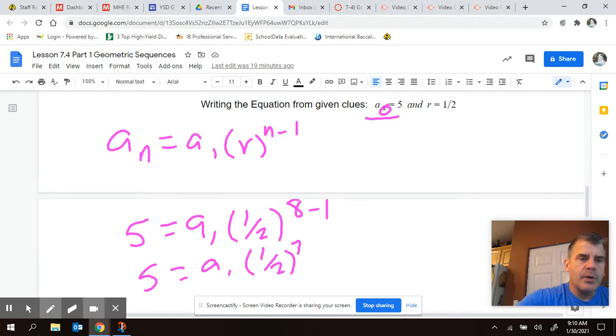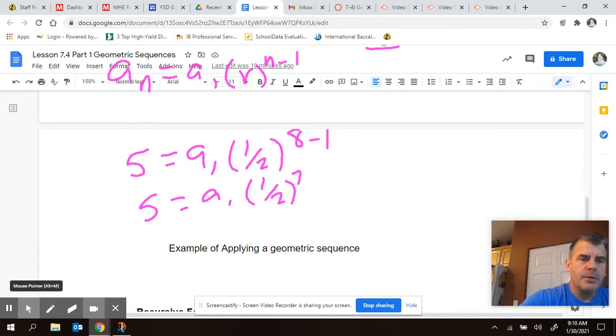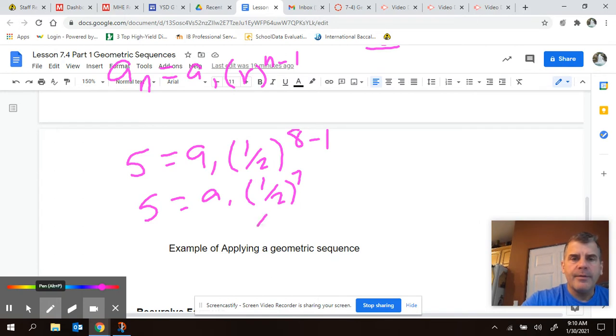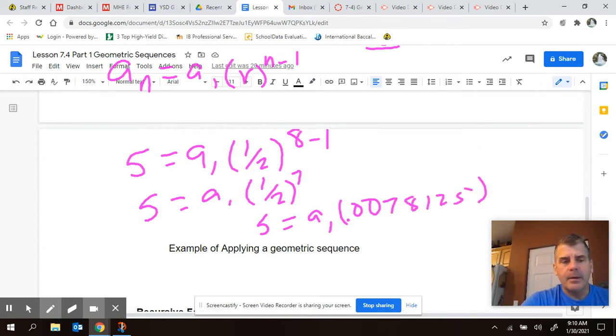So let's just go ahead and record this. We know that 5 is going to be equal to a sub 1 times 0.0078125. Just leave that in your calculator, and then what you can do is 5 divided by that number.